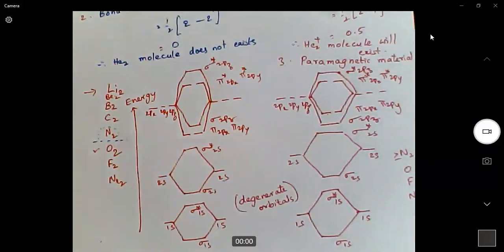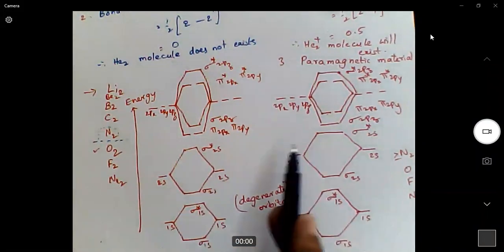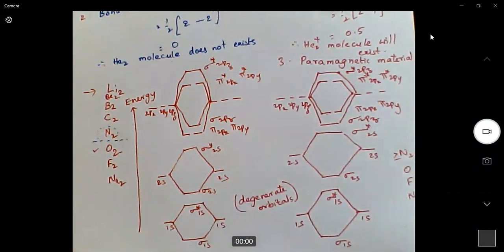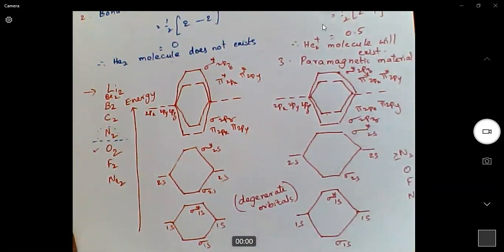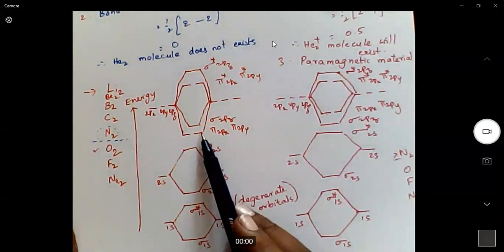I will explain why the difference between the MO energy levels. Actually, this is the order we must follow. What is the order? Sigma 2pz is less than pi 2px, which is equal to pi 2py. But why is it happening?